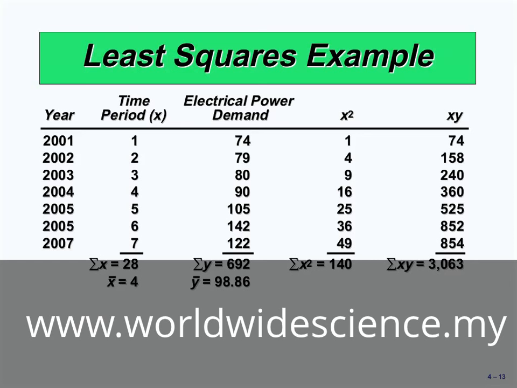Then in a new column you should calculate x power 2. X is 1, 2, 3, 4, 5, 6, 7. Each of these numbers should be calculated in power 2. 1 in power of 2 produces 1. 2 in power of 2 means 2 multiplied by 2 produces 4. 3 in power of 2 gives you 9. 4 in power of 2 gives you 16.